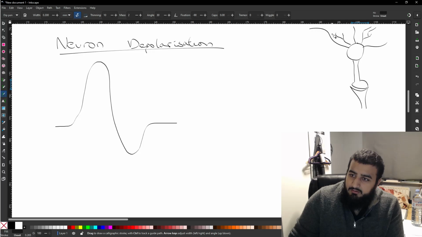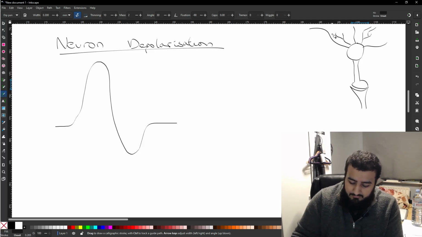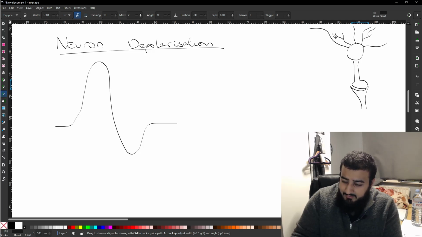Each dendrite receives a flow of ions if the output of another neuron connected to these dendrites is excitatory, and ion flow occurs. We see this in the other video called axonal transmission, where you have the neurotransmitter across the synapse gap.